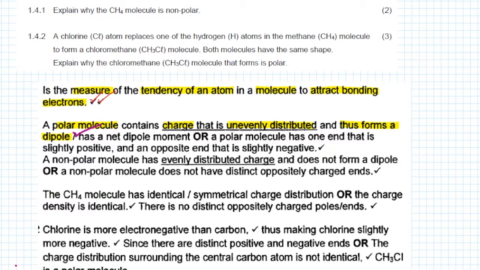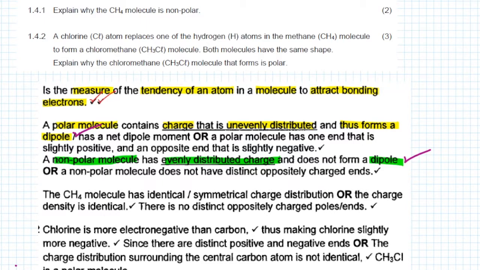You could have instead said that one end of the molecule is slightly positive, the other is slightly negative, but that's unnecessary. Then the non-polar molecule is a molecule that has evenly distributed charge, and it therefore does not form a dipole. For writing that down, you're going to get your 2nd mark.